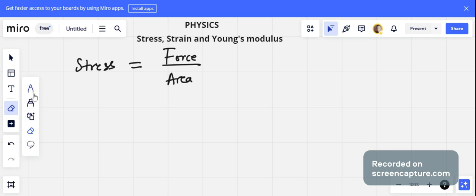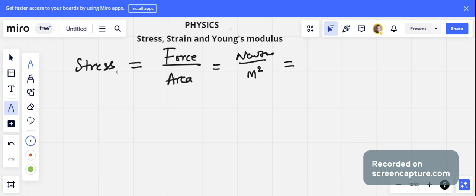So what is the unit of stress? The unit of force is the Newton, and the unit for area is meter squared. So the unit of stress is Newton per meter squared, N/m², raised to the power of 2.